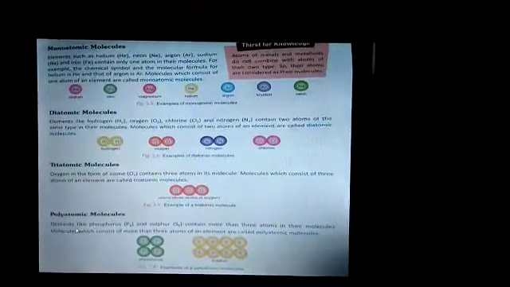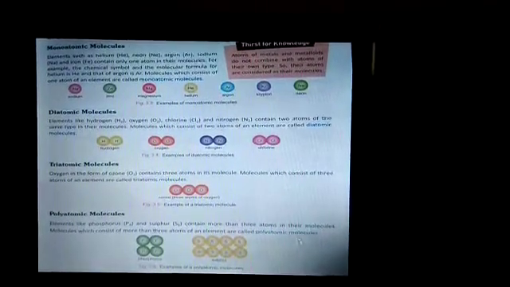And the last one is polyatomic molecules. Polyatomic means the molecules contain more than 3 atoms, and those which consist of more than 3 atoms are called polyatomic molecules.